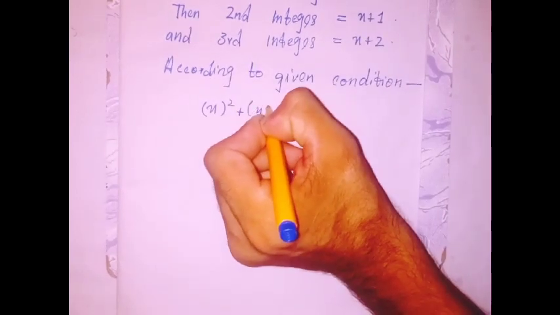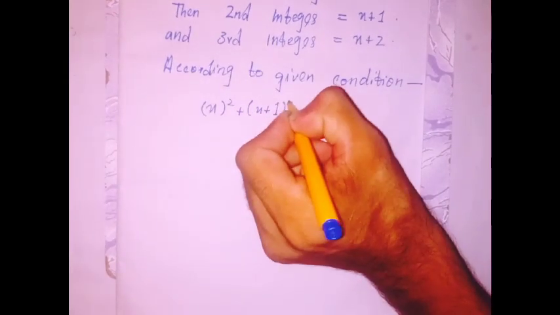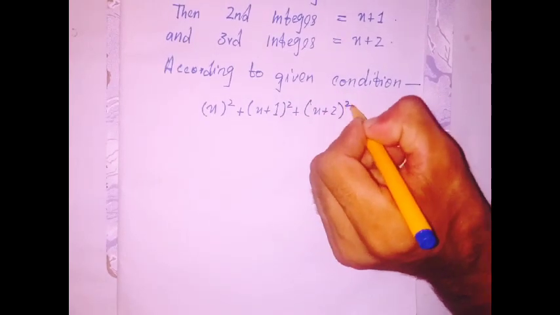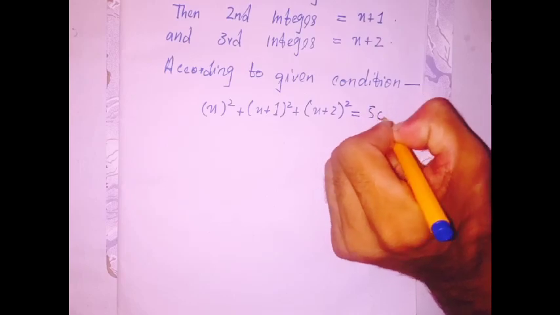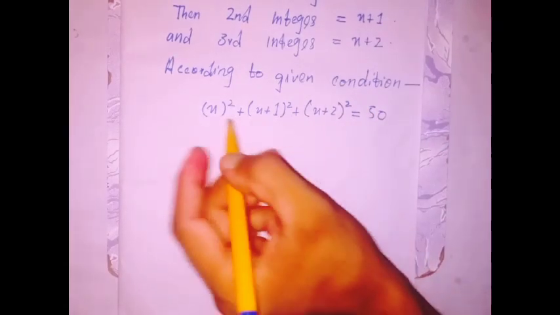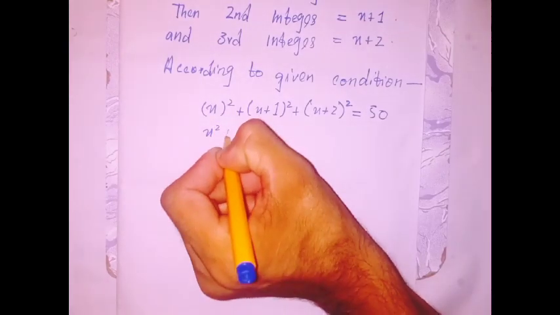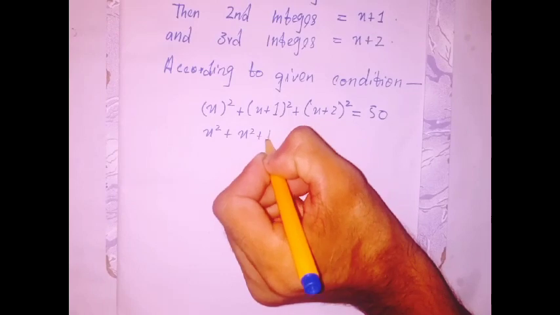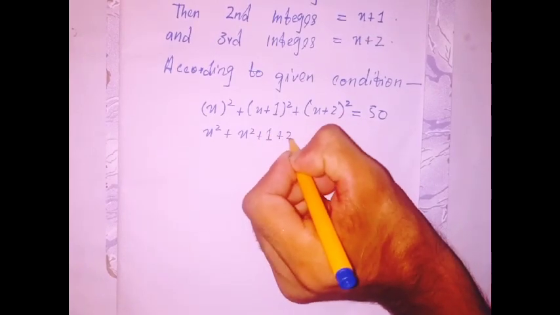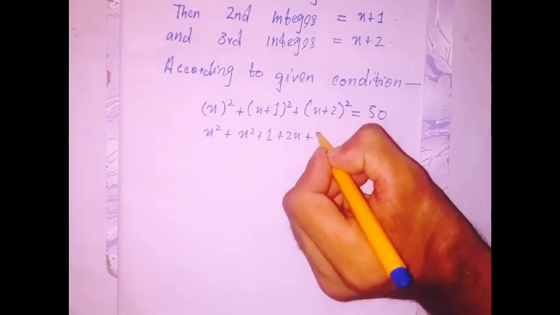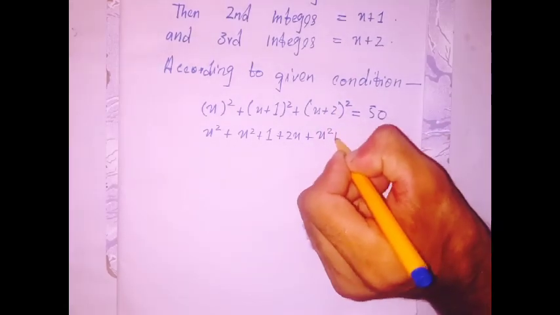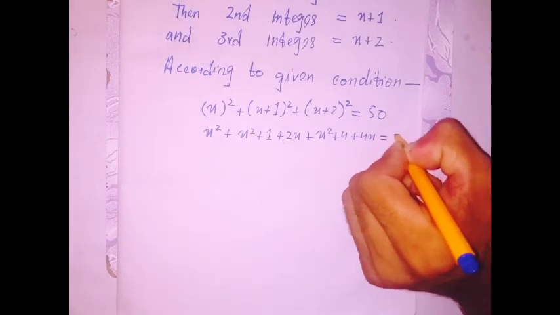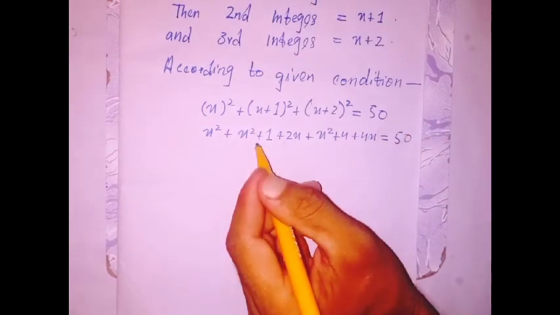So we will put x whole square, plus x plus 1 whole square, plus x plus 2 whole square is equal to 50. Now to apply the square on each term, we get x square, and x plus 1 whole square is equal to x square plus 1 plus 2x, and x plus 2 whole square is equal to x square plus 4 plus 4x, equal to 50.